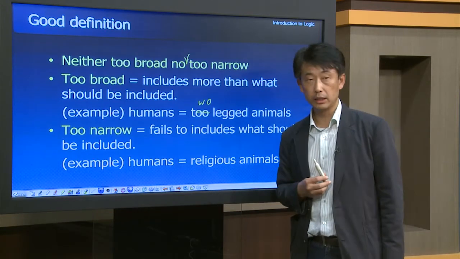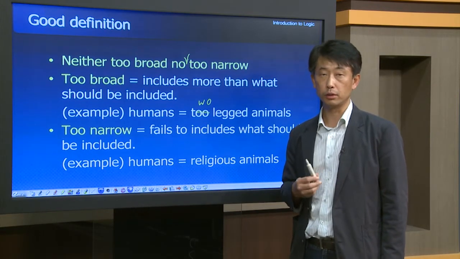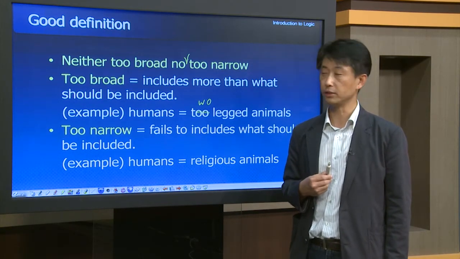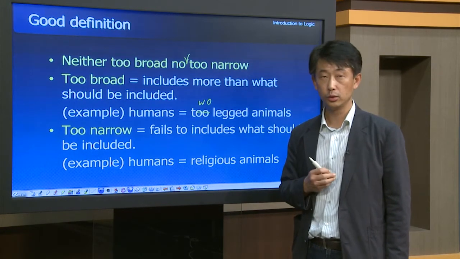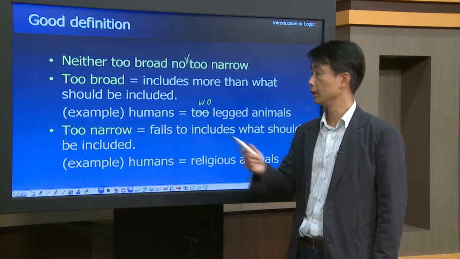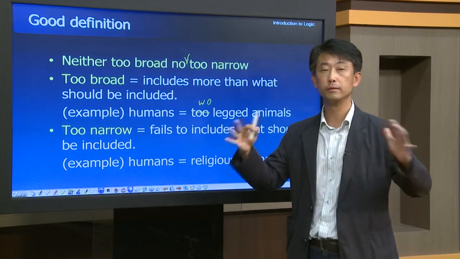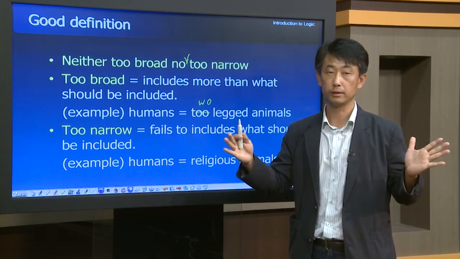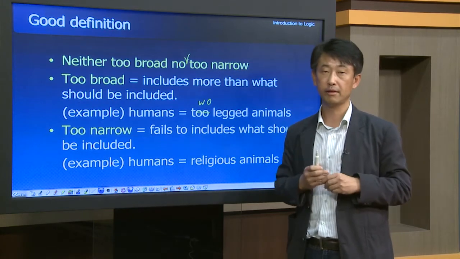By this definition, animals like birds are also included as humans because birds are two-legged animals. So this definition is too broad. It includes more than what should be included. So it's a bad definition.